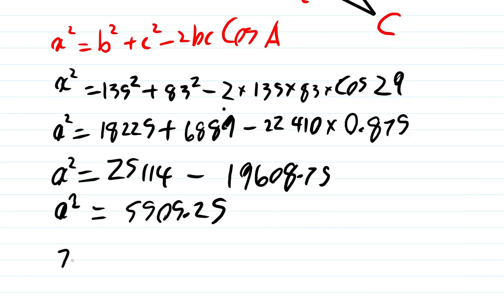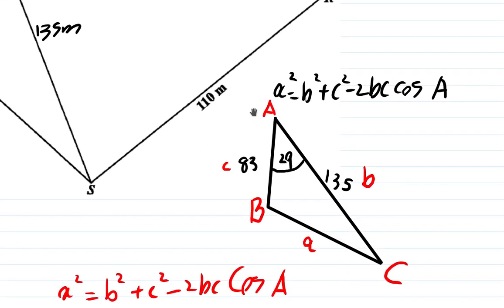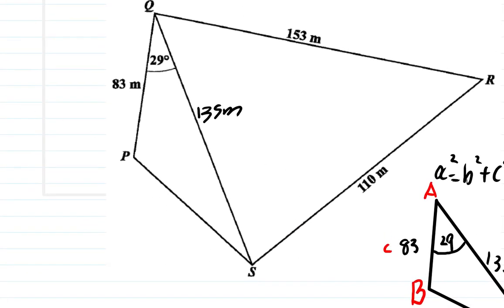Not kilometers, meters: A equals 74.2 meters.